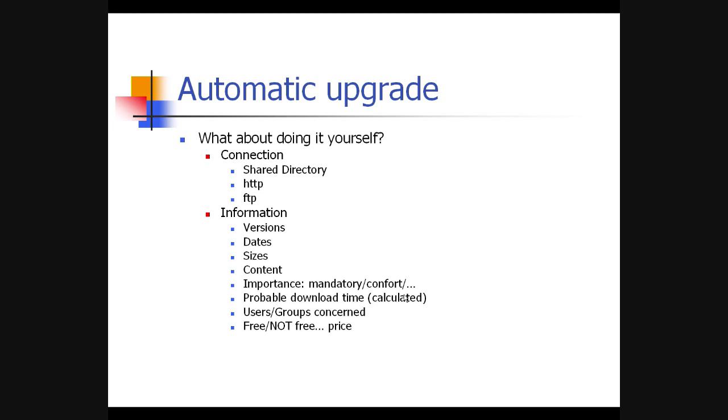And this link can put the user directly on your online buying server. All this can be done very easily in your upgrade system if you code it yourself. So you can add the link to buy the update.